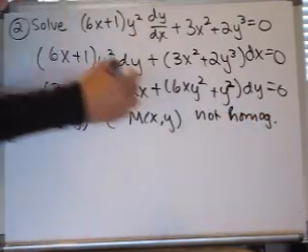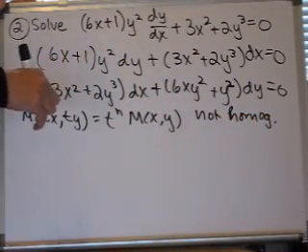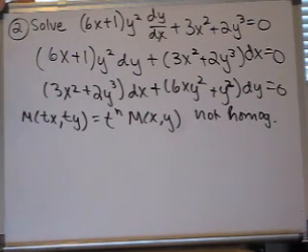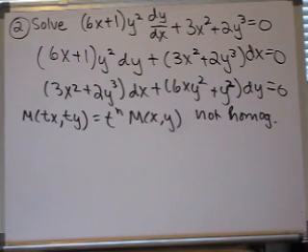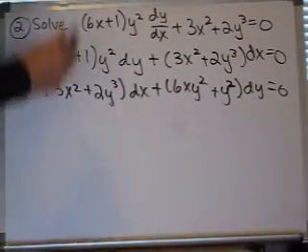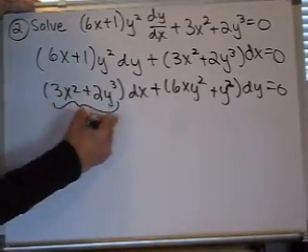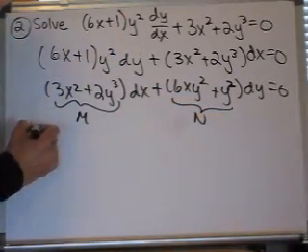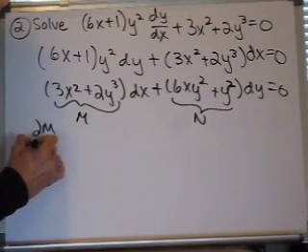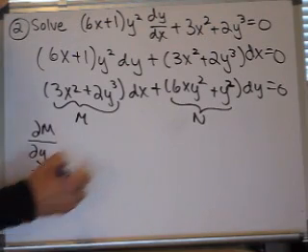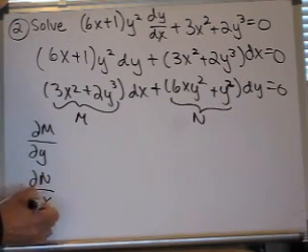So if it's not homogeneous and it's not linear and it's not separable, then it is probably going to be an exact differential equation. Let's go ahead and check the mixed partials to see if it's an exact differential equation. This is the M function, this is the N function. The mixed partial means I need to check to see if the partial of M with respect to y is equal to the partial of N with respect to x.